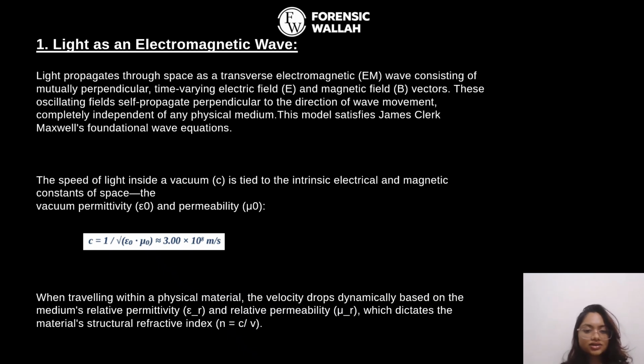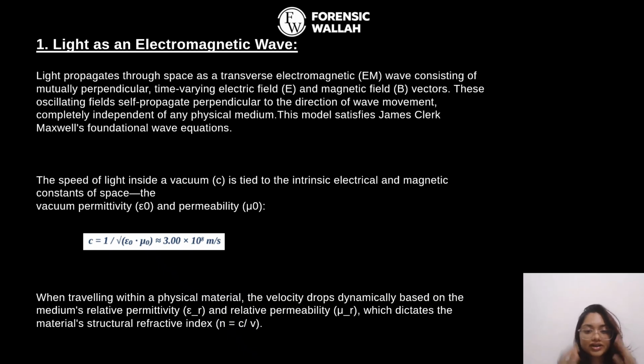Specifically, light consists of two mutually perpendicular time-varying fields, an electric field E and a magnetic field B. These oscillating fields continuously regenerate one another, allowing the wave to self-propagate through space completely independent of any physical material medium.